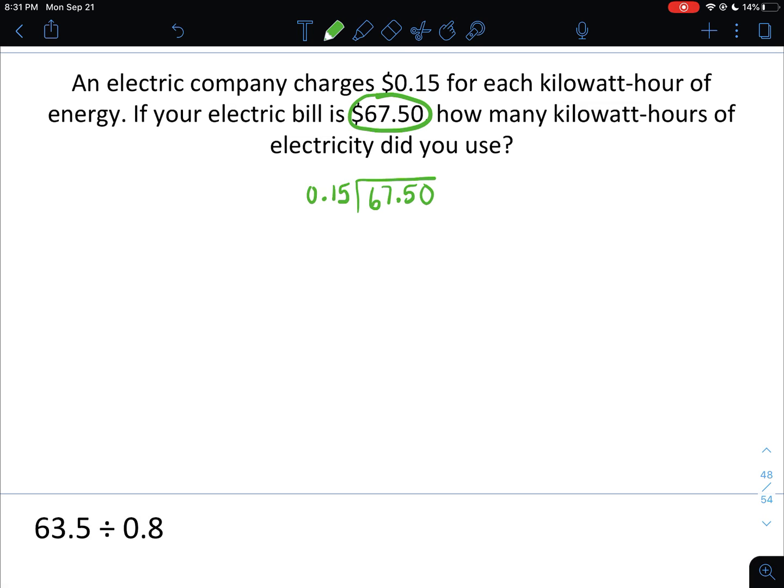So you're going to divide by $0.15. So like I said before, we do not do math or division with the decimal in the divisor. We need to get rid of it. So we're going to move it to the right until it's no longer in the number. So it goes 2 places to the right.